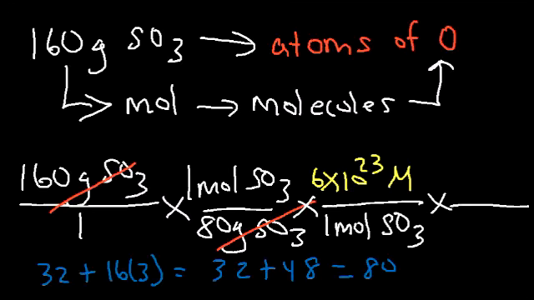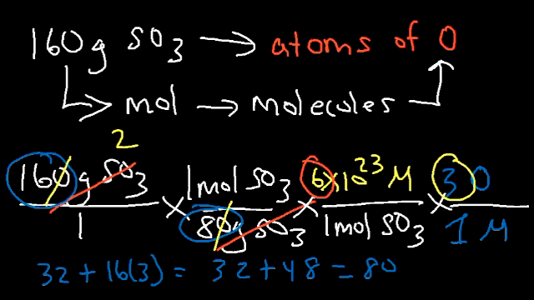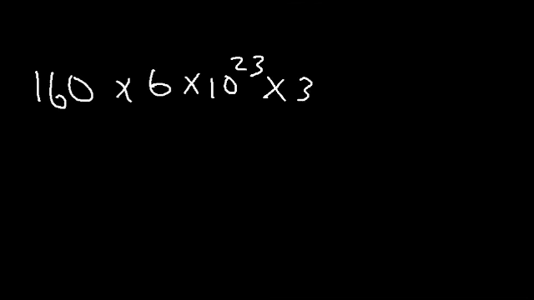And it turns out that there's 3 atoms of oxygen, so I'll write 3O, for every 1 molecule. So now, let's see if we can figure this out. So what we have on top is 160 times 6 times 10 to the 23rd times 3 divided by 80.